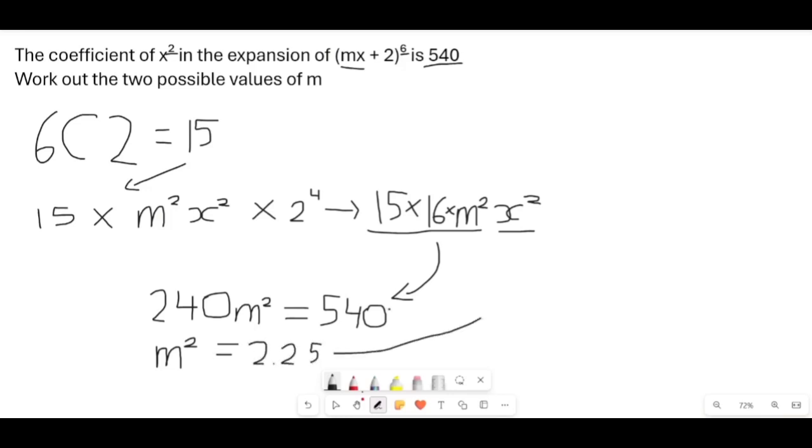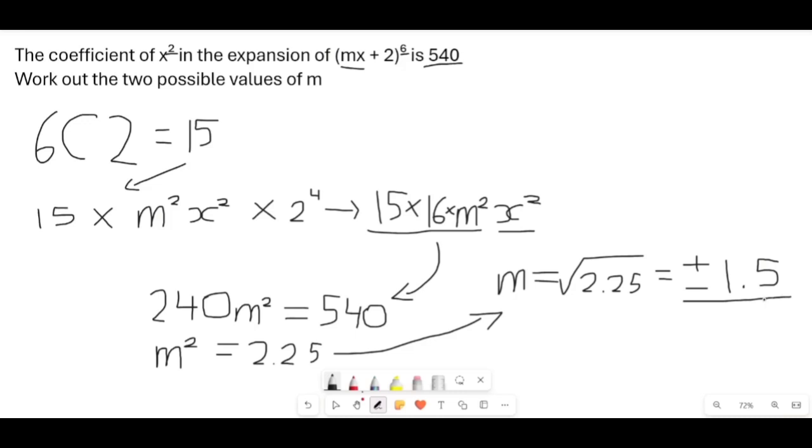And then remember, not only is it a square number, but the question is also asking you specifically for the two possible values of m. So when we square root this, we're going to get a positive and a negative version. So after figuring that out, we can see that our two solutions are positive 1.5 and minus 1.5.